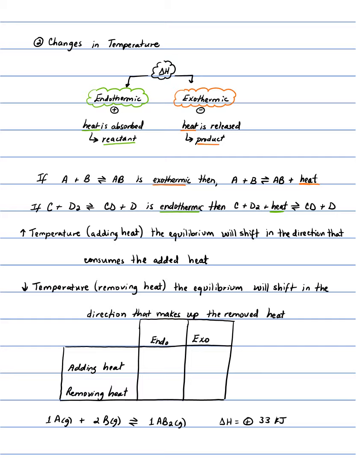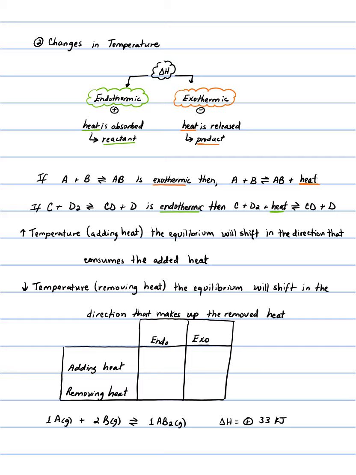We can look at heat as an amount. It is an amount that is needed for a reaction to happen, and an amount that is given off if your reaction is exothermic. So depending on the type of reaction, we can have heat as a reactant or as a product. If your reaction is endothermic, for that reaction to happen, it needs to absorb heat.